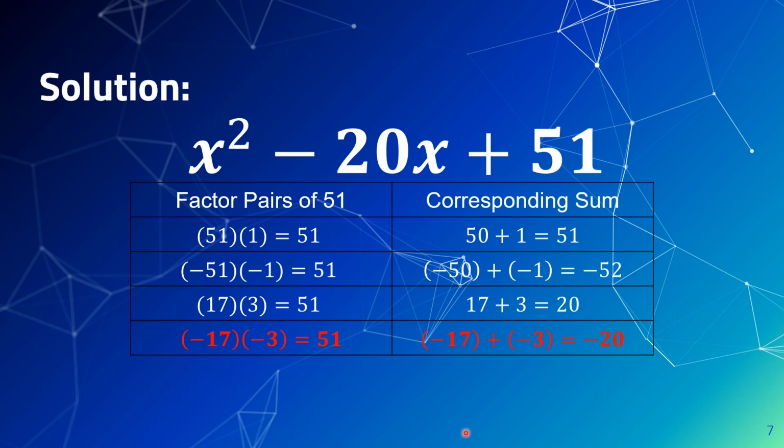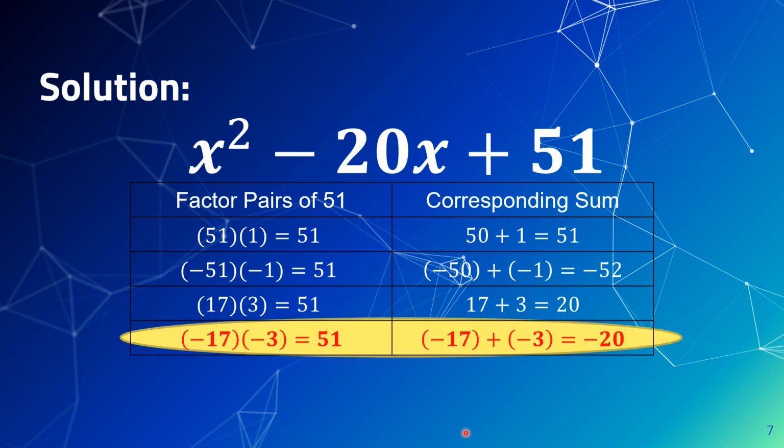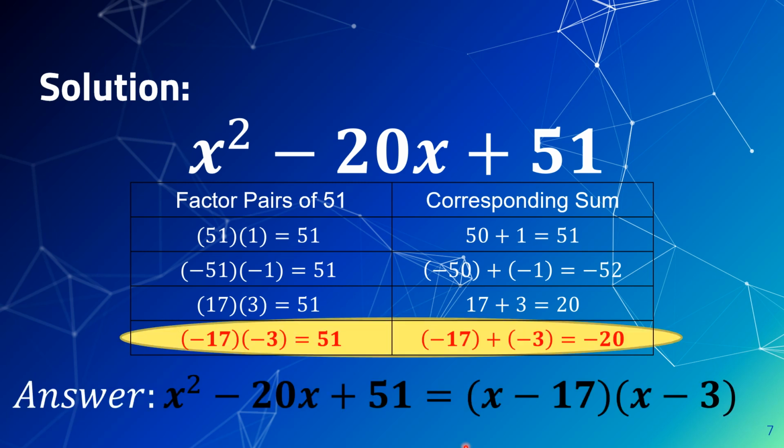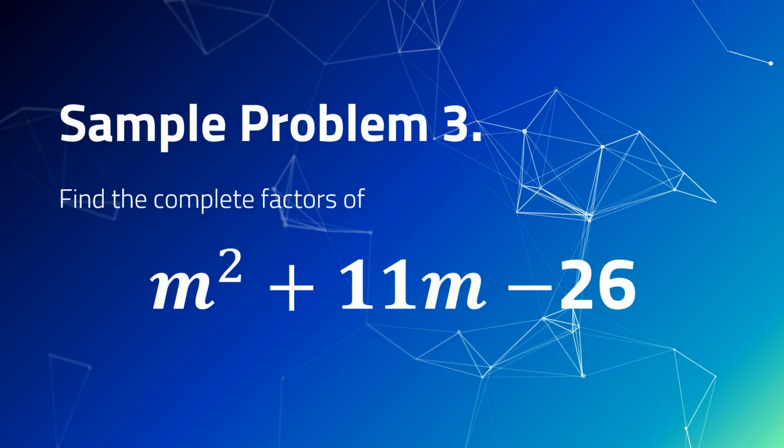satisfies the given condition. So, rewriting the factored form, that is the quantity x minus 17 times the quantity x minus 3. Example problem number 3.